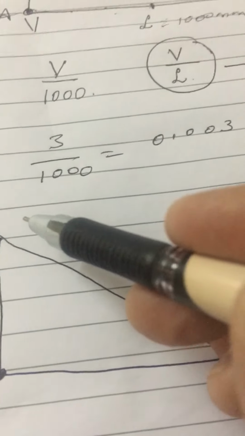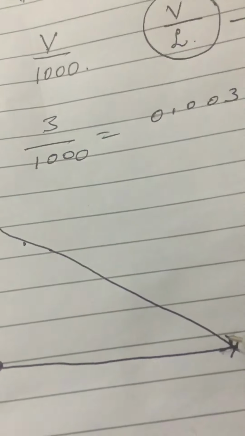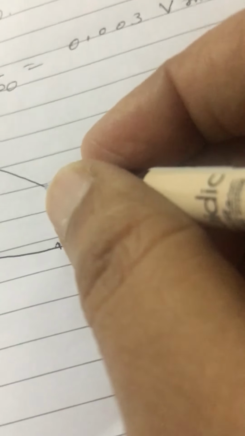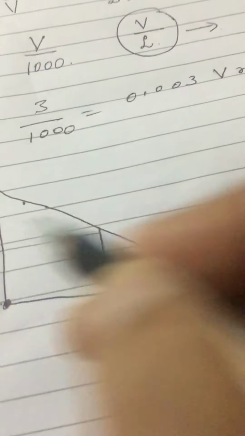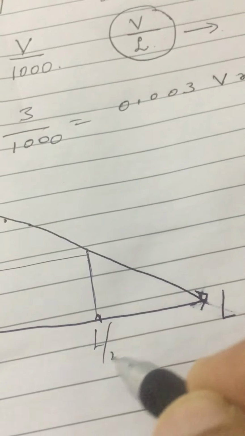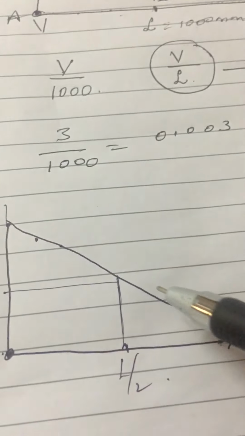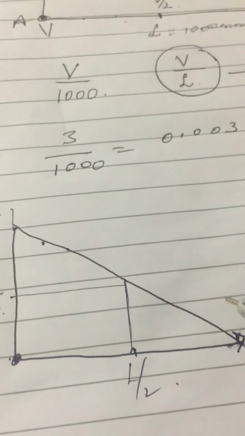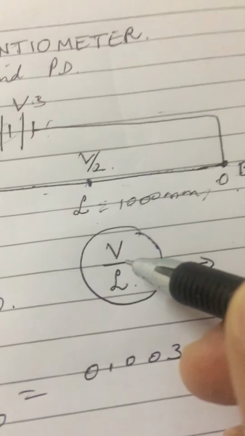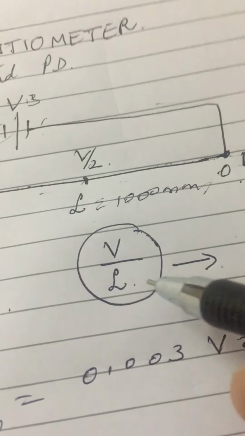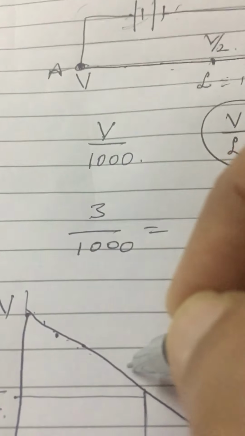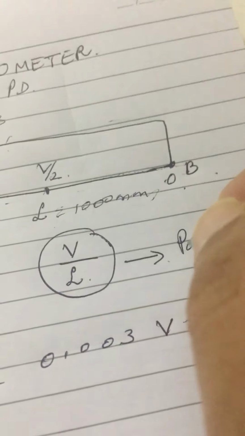So here the drop is there gradually, and here supposing we have V by 2, this will be V by 2 at half of the length. So this slope here is called the gradient, and hence this V by L is the drop in potential per millimeter. So as we go along the length, the potential will be dropping along this line and finally coming to 0. So this is called potential gradient.